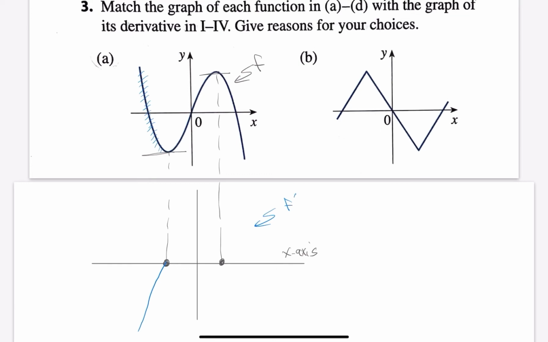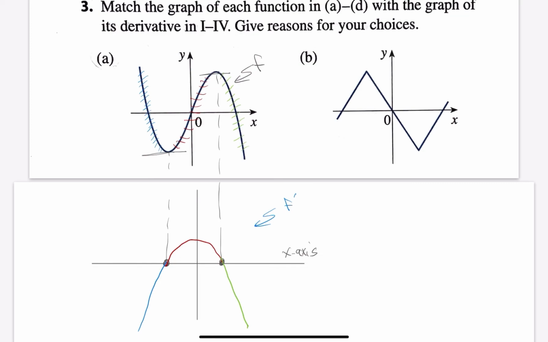Okay. Now let's see what about this part. It's going upward, so the slope is positive, so f prime is supposed to be above x-axis, right? Now what about this part? Okay, it's going downward, right? So it's going to be below x-axis.